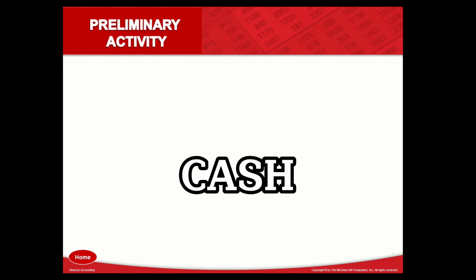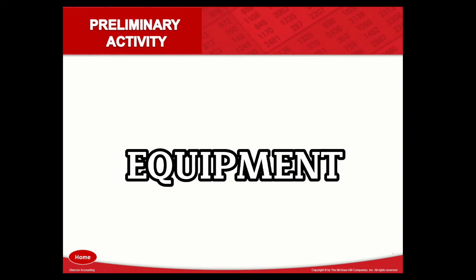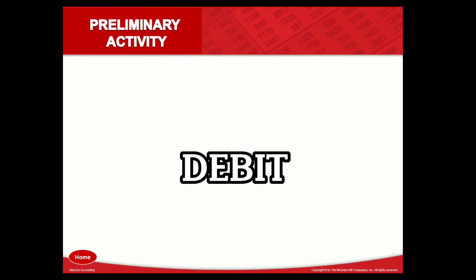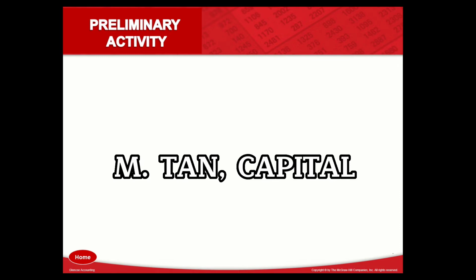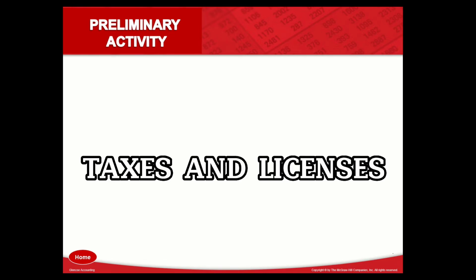Kindly identify the normal balance of the following account titles: cash, debit; notes receivable, debit; equipment, debit; notes payable, credit; MTAN capital, credit; service income, credit; taxes and licenses, debit; utilities expense, debit. All your answers are correct.